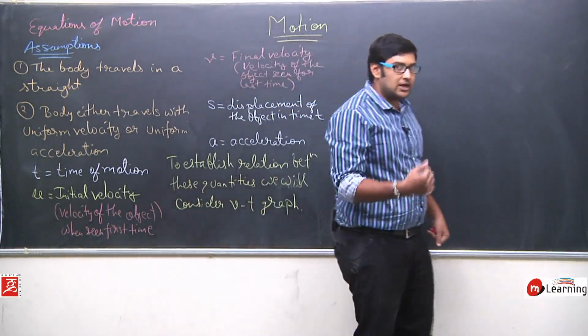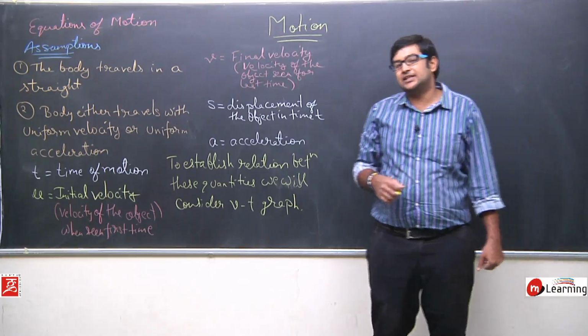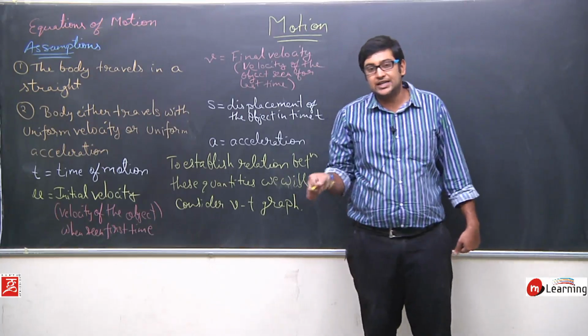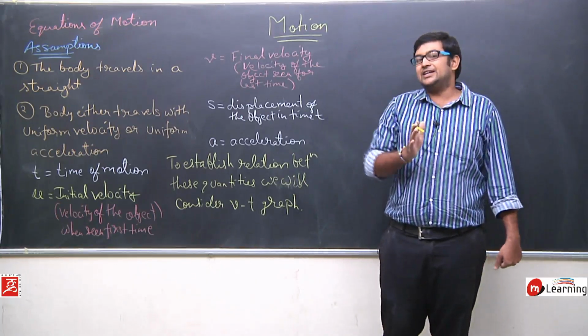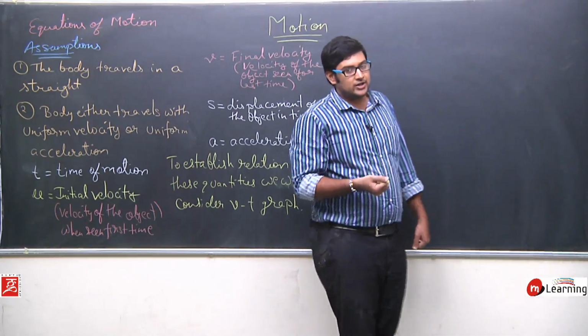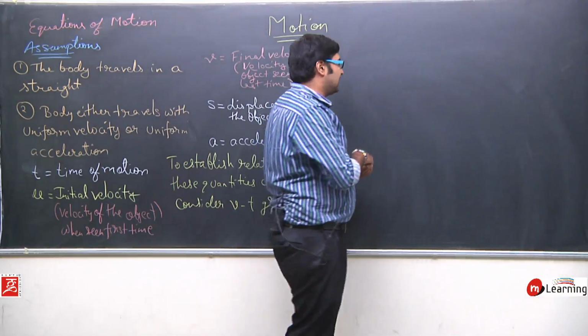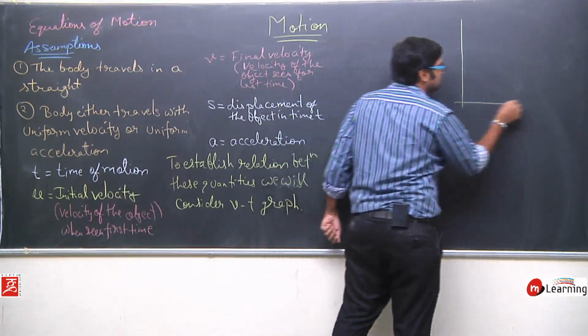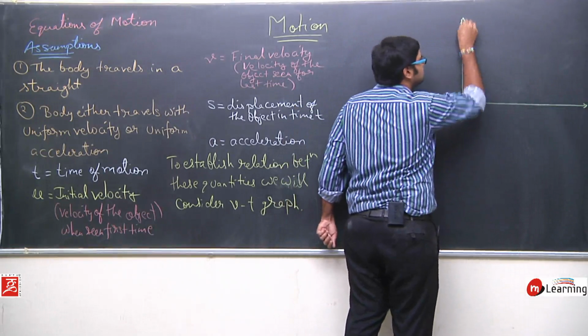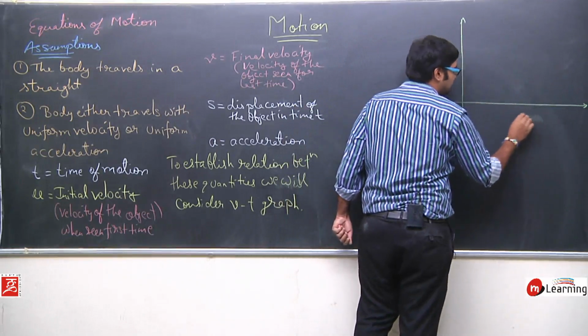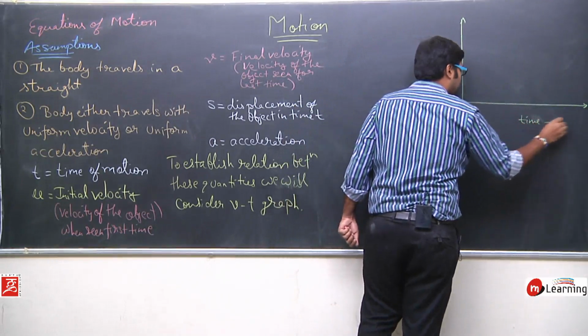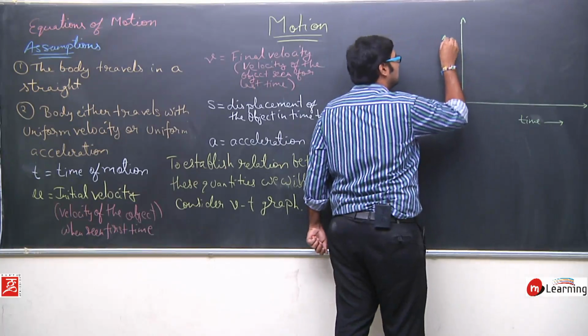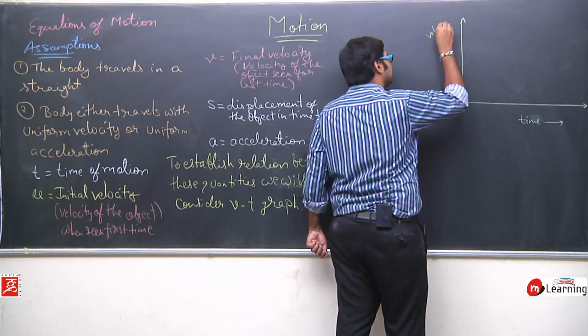Okay, we said that we are considering only uniformly accelerated motion, and we studied that the velocity time graph of a uniformly accelerated body is a straight line inclined at some angle to the horizontal axis. So let's consider a graph like this. This is time, and this is velocity.